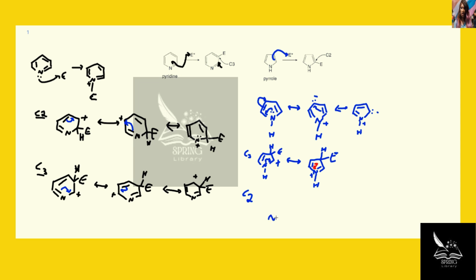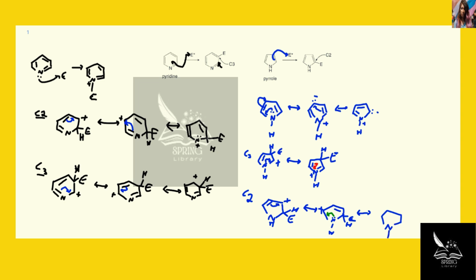On the contrary, if we had attack on carbon 2, now we have a carbocation up here, which we could resonance stabilize. And one of them, yes, can be with the positive charge on the nitrogen atom.